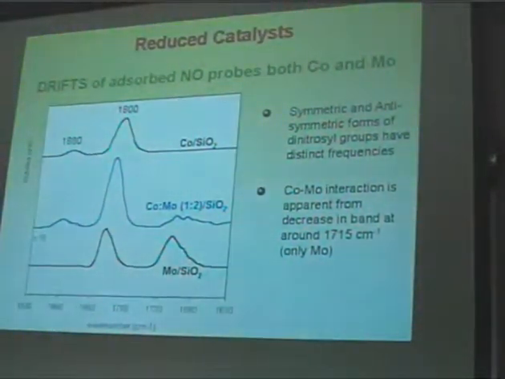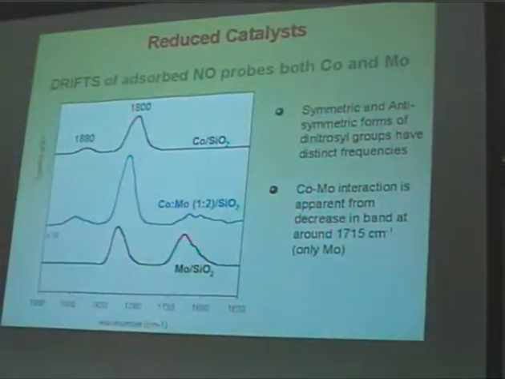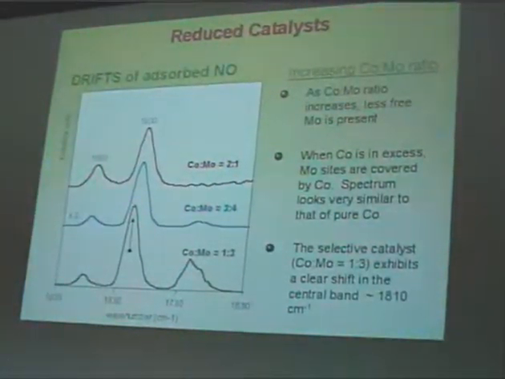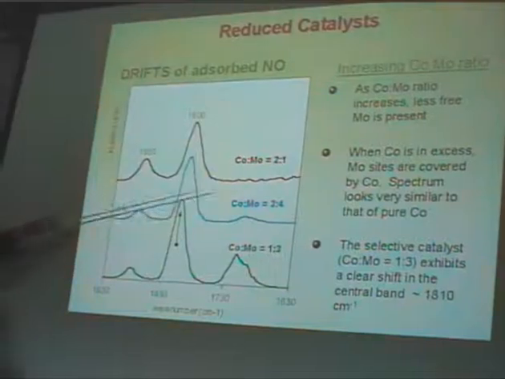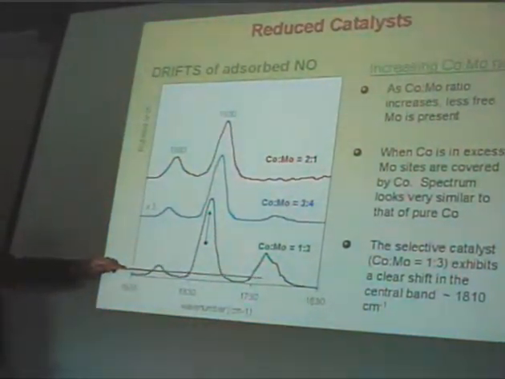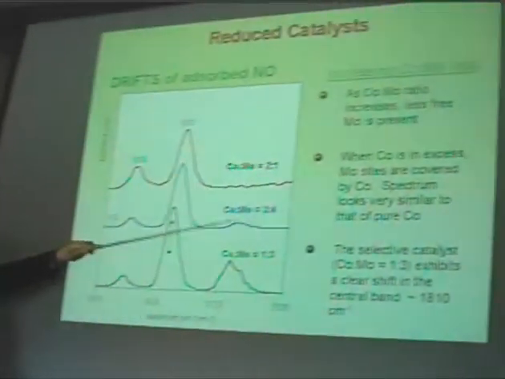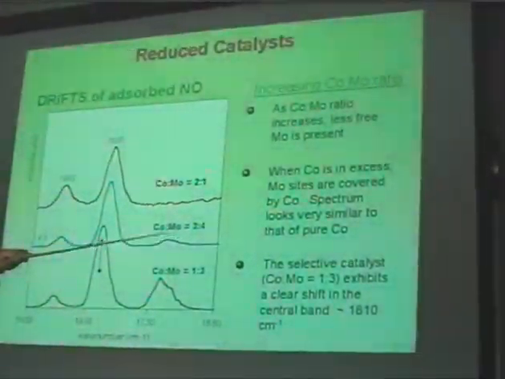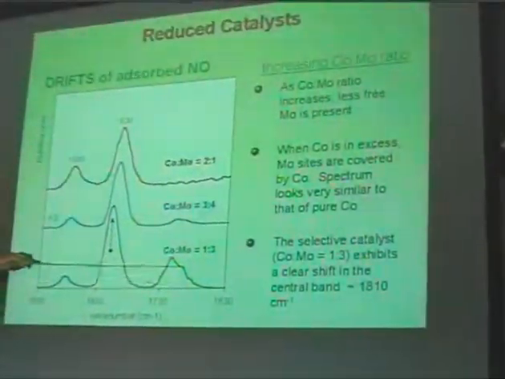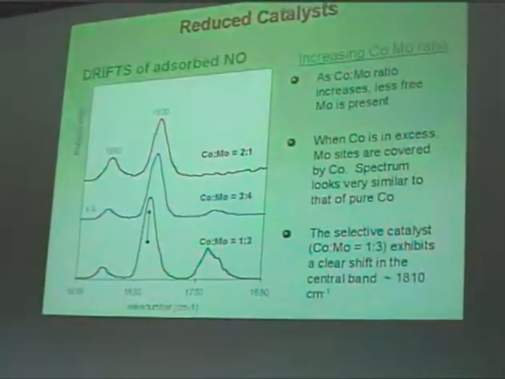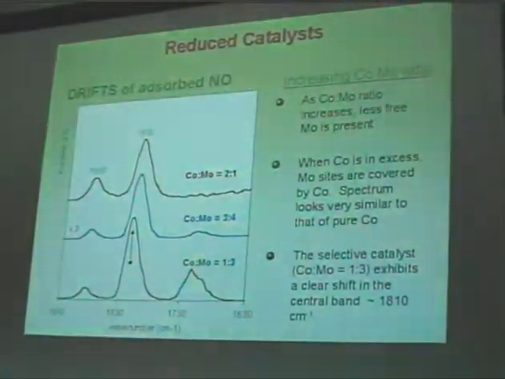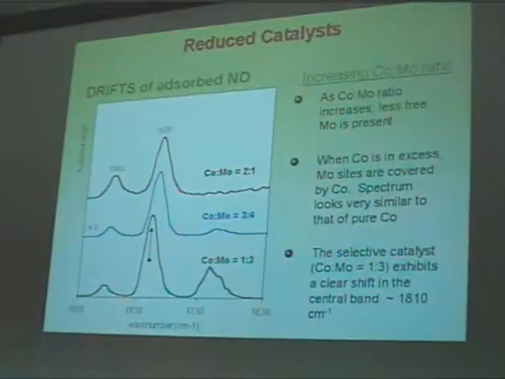So this is a demonstration that actually the cobalt is partially covering the moly, and as you increase the amount of cobalt, this is what happens. With cobalt moly 1 to 3, there is still a lot of moly available. As you start adding more and more cobalt, this peak that corresponds to moly decreases. Okay, so the picture that we have is that the moly oxide becomes covered by cobalt.